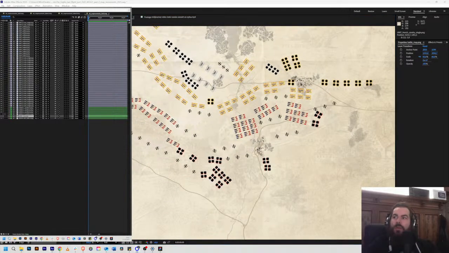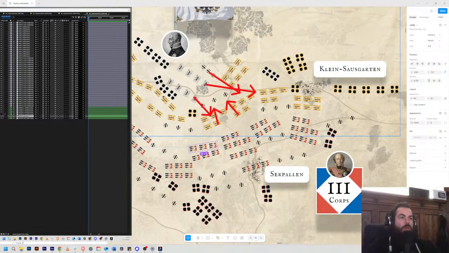See if something else is moving. Yeah, right. The Russians are moving back. The Prussians will fill the lines. So we gotta replace those and those with single units.